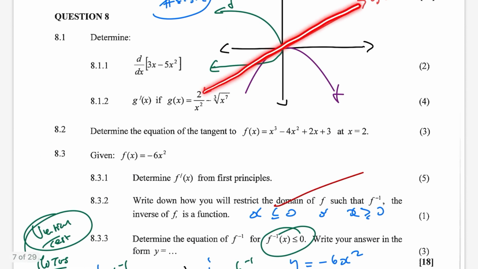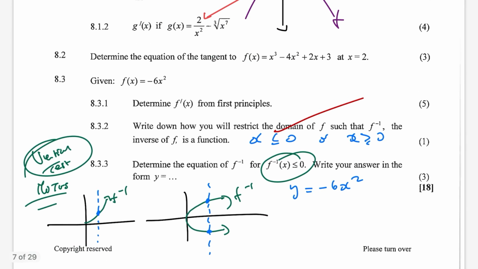The inverse reflects on the line y is equal to x, so this is interchanging x and y. Then you make y the subject, and that becomes your inverse. So that becomes your answer.